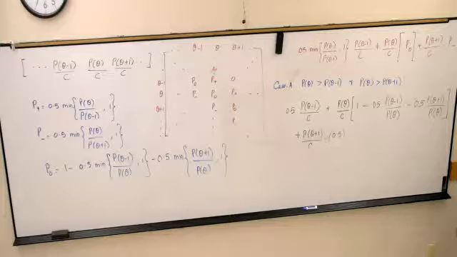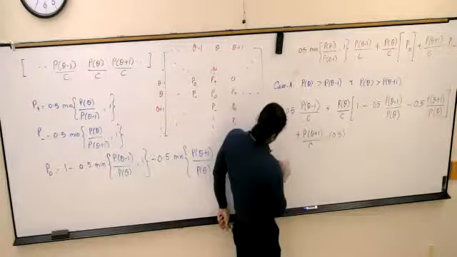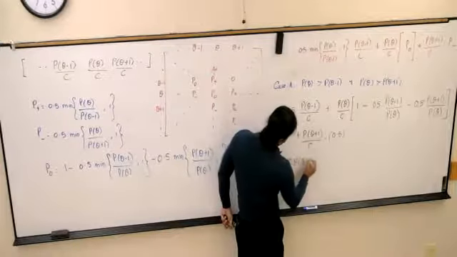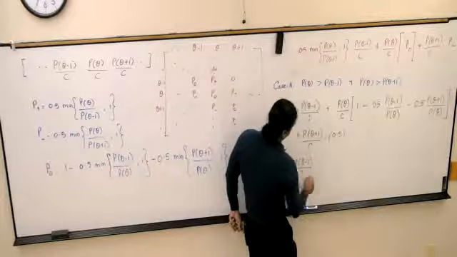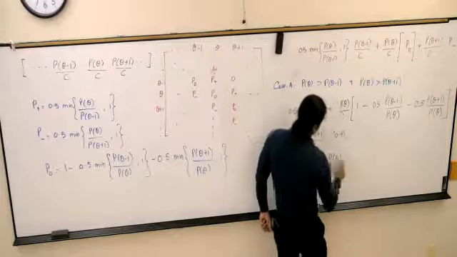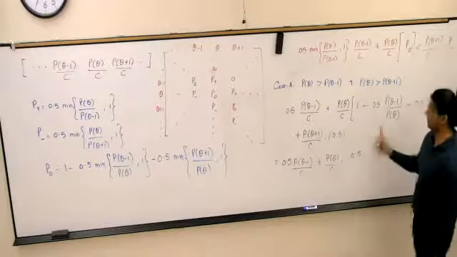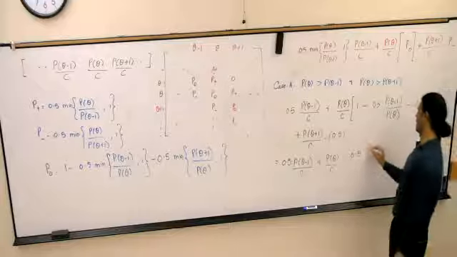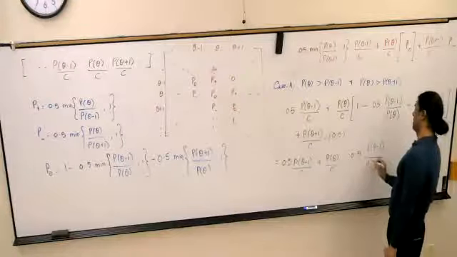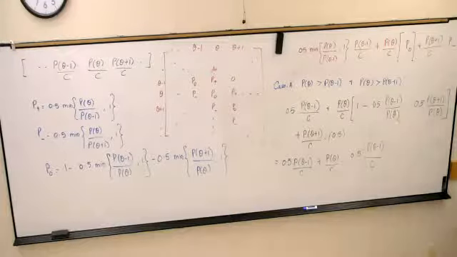Yes? So we will have 0.5 P theta minus 1 over C plus P of theta over C minus 0.5. Multiply those two, you would get P of theta minus 1 over C. P of theta would get cancelled.